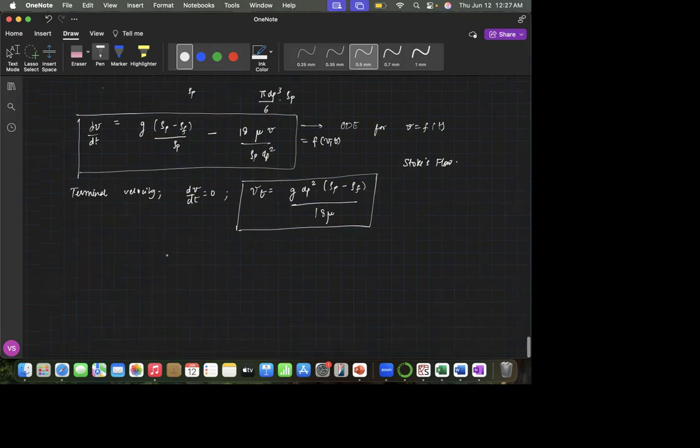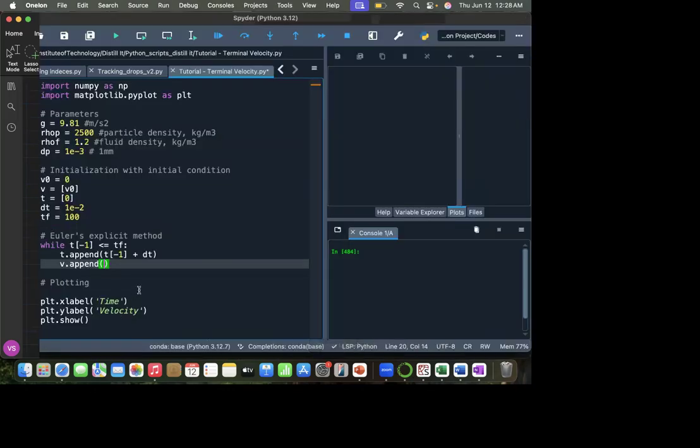Therefore, to solve this using Euler's explicit method, we have to say v i plus 1 is equal to v i plus dt times f evaluated at v i, right? Now this thing is just a constant, so we can just evaluate this. Maybe I'll evaluate the constant parameter over here.